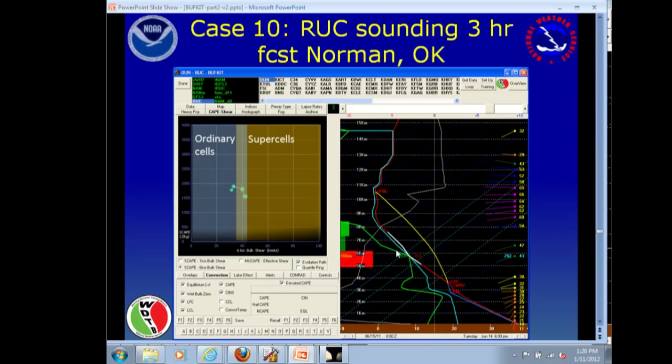You notice I don't have multicells in there, and that's another soapbox of mine. The old diagrams put multicells in between super and ordinary, but we get multicells under lots of varieties of shear and CAPE. So reality versus what we used to think based on numerical models of old are quite different.